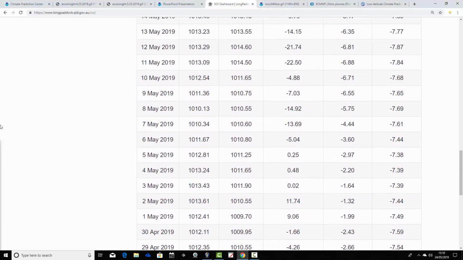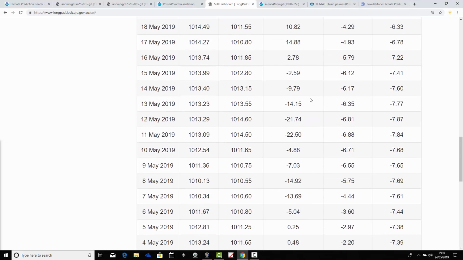But then a few days later, we go to the 7th and the 8th of May, and we go quite negative at -13 and -14. That's an atmospheric state that's reflective of El Nino. It goes even more negative on the 11th and 12th of May, down to -22 and -21. Very strongly reflective of an El Nino type atmospheric setup.